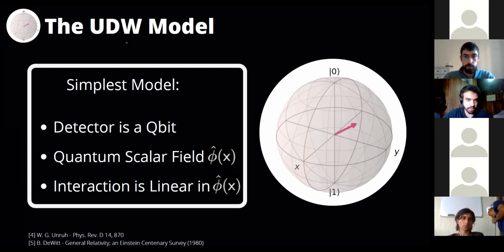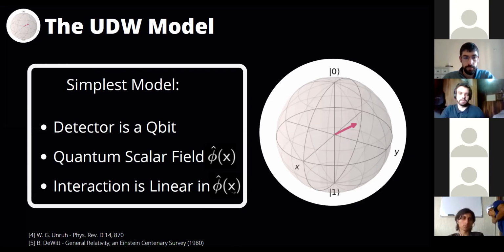Just a comment about the UDW model, right? The first person to introduce a particle detector model ever was Unruh in his review, or comments, about black hole thermodynamics in 1976. And then Bryce DeWitt published in 1980 this book, this survey about general relativity, which simplified this UDW model, which is actually this qubit coupled to a scalar field.